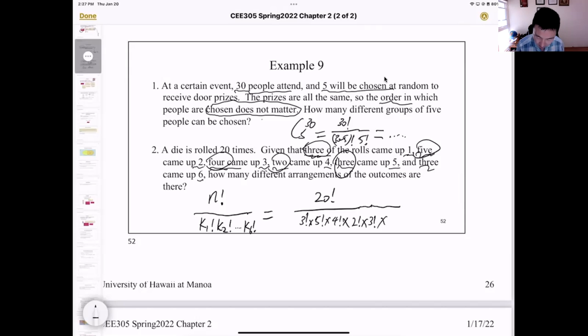And finally, 3 times come up with a 6, so that's factorial of 3. So how many different ways can we calculate?